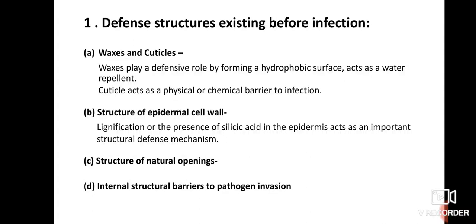Waxes play a defensive role by forming a hydrophobic surface which acts as a water repellent and thereby prevents the retention of water on sloping plant surface on which pathogens might be deposited or subsequently further invade the host. The cuticle acts as a physical or chemical barrier to the infection.